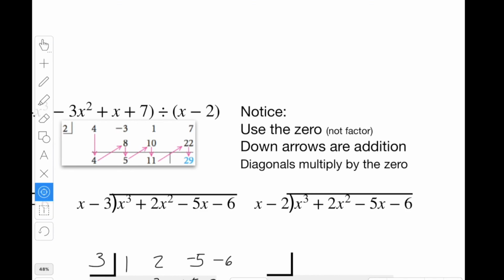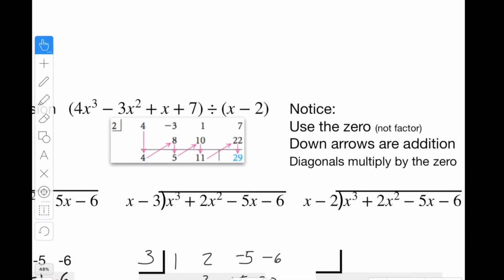So we can translate this problem into 4x cubed with a 4, minus 3x squared with a minus 3. There's an invisible 1 right here, and a 7 right here. Then we take the zero and put it here, 2. Given this, if this is the question, then this down here is going to be the answer, and this will be the remainder. Let me show you. You bring the 4 down first, and then 4 times 2 is 8.